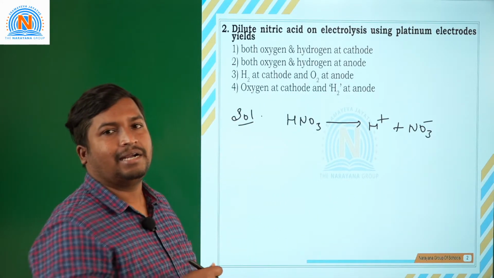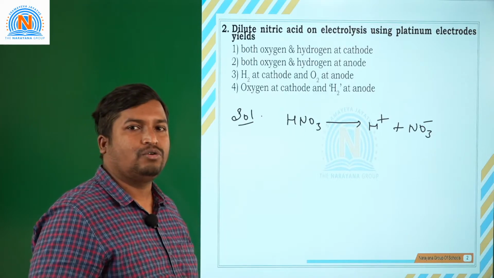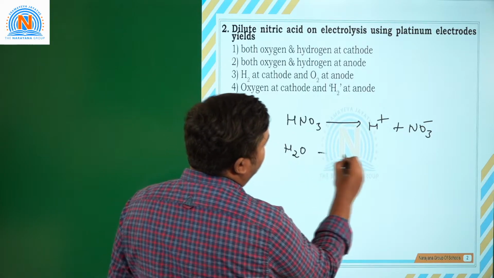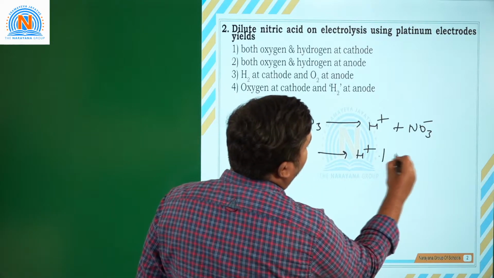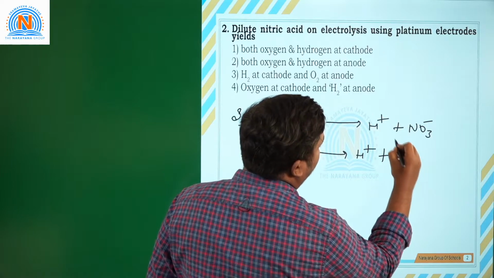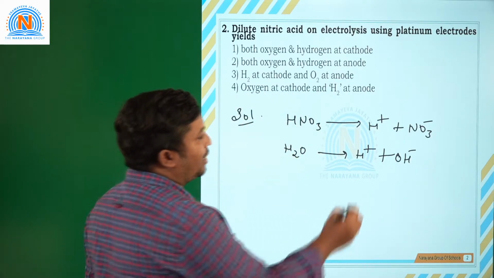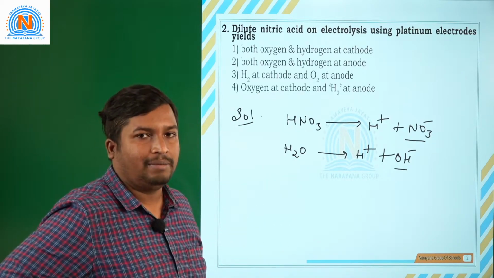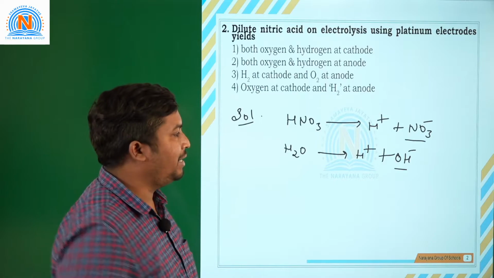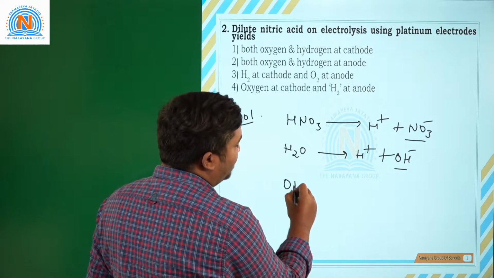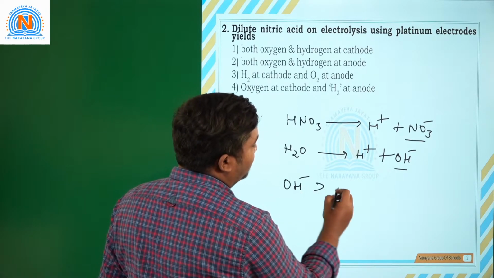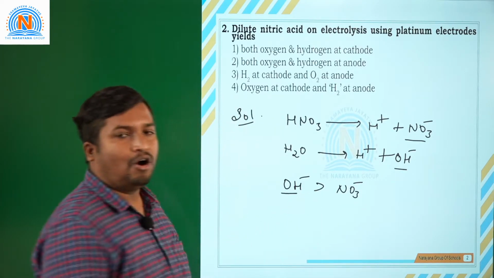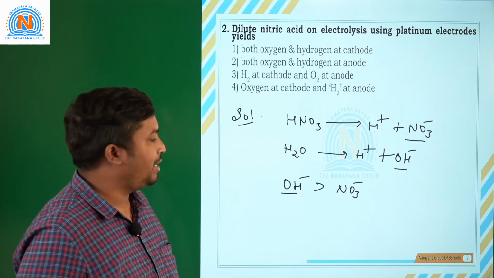Similarly, when acid is added to water, water also undergoes dissociation to form H plus and OH minus. Here, if you compare, there are two different types of anions. One is OH minus, other one is NO3 minus, hydroxide ion and nitrate ion. So in this, the OH minus has high oxidation potential compared to nitrate ion. The oxidation potential of hydroxide is higher compared to nitrate ion.